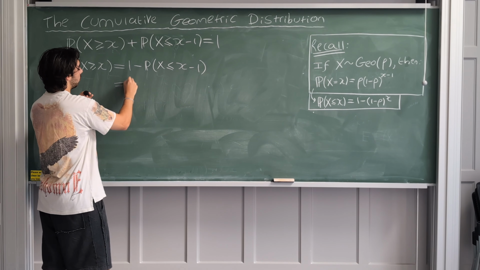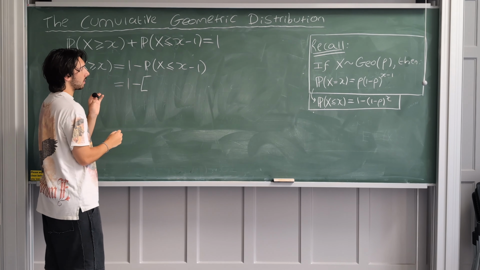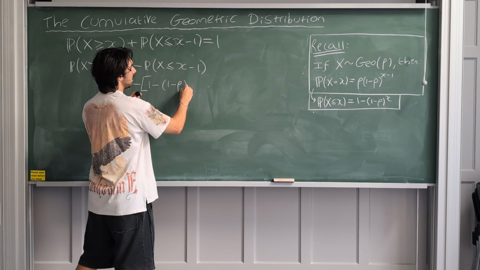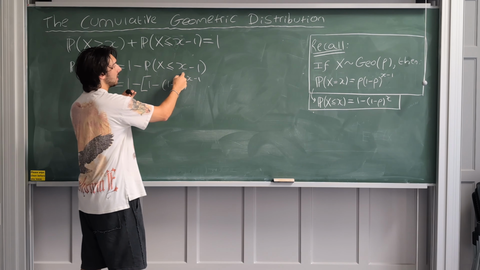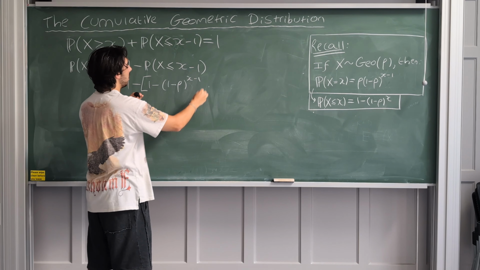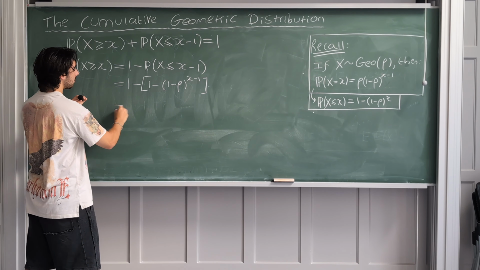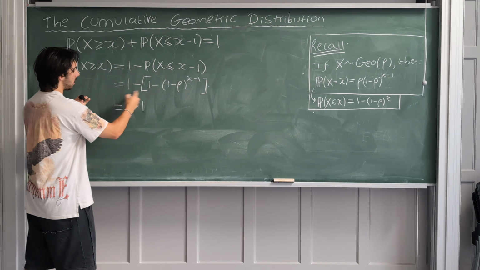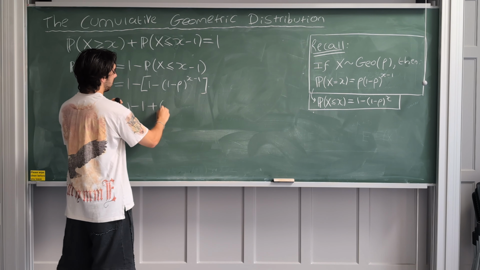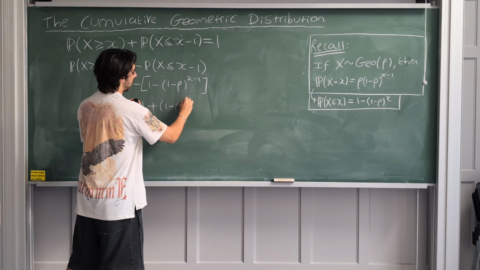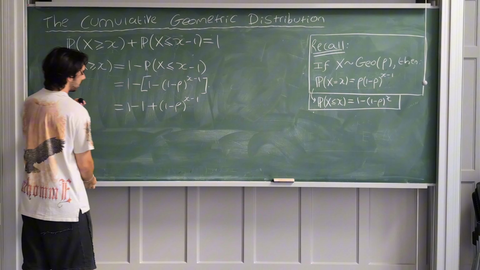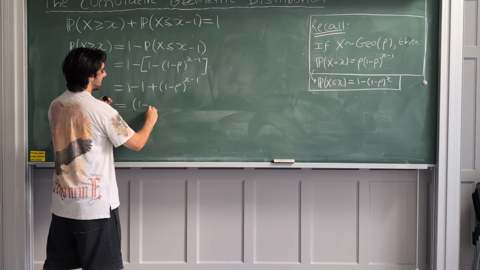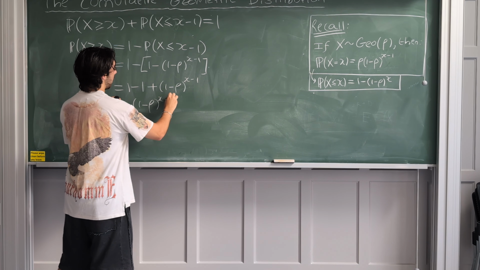So we've got 1 minus, and then big brackets here, 1 minus p to the power of x minus 1. I'm replacing the x with x minus 1 because that's there. And then we've got 1 minus 1, that's 0. I'll still write it out though, 1 minus 1, and then plus 1 minus p to the power of x minus 1. And you can see the 1 and the minus 1 just cancel out, and you end up with 1 minus p to the power of x minus 1.